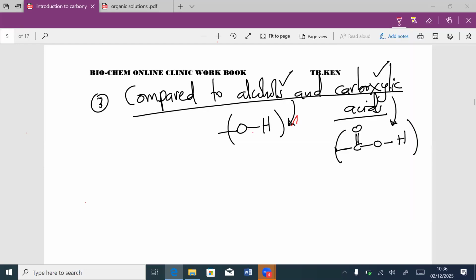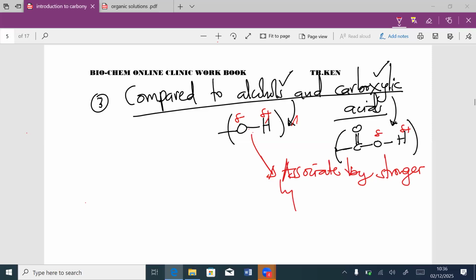Now when you look at this, you realize that you still have oxygen and hydrogen, meaning that oxygen, being more electronegative than hydrogen, acquires a partial negative charge, and the hydrogen acquires a partial positive. At the end of the day, the molecules of alcohols and carboxylic acids associate by stronger hydrogen bonds.